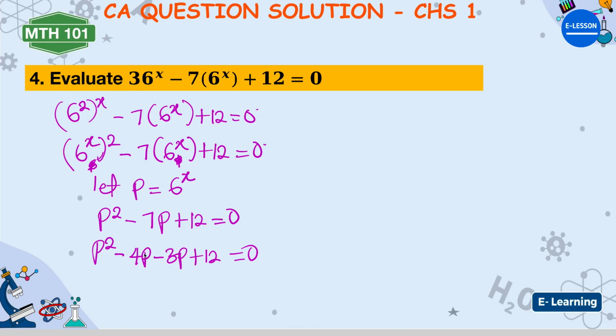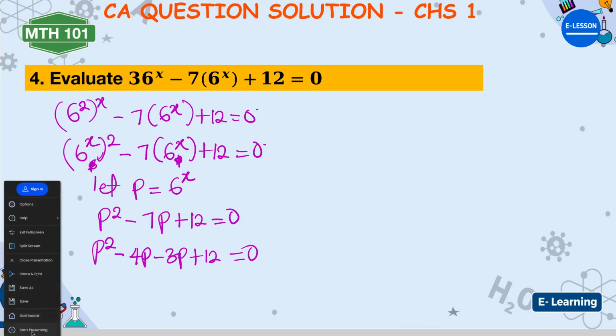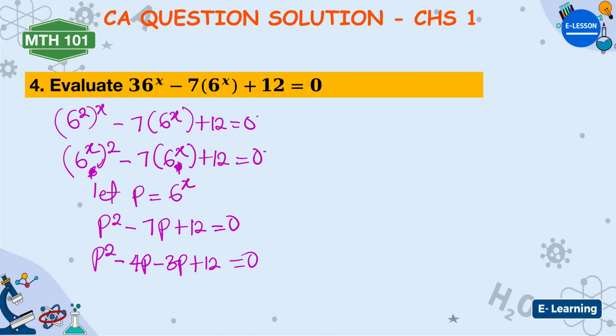Minus 4p times minus 3p will give us 12p squared. The general idea is we usually use this p squared here to multiply this 12 to give us 12p squared.